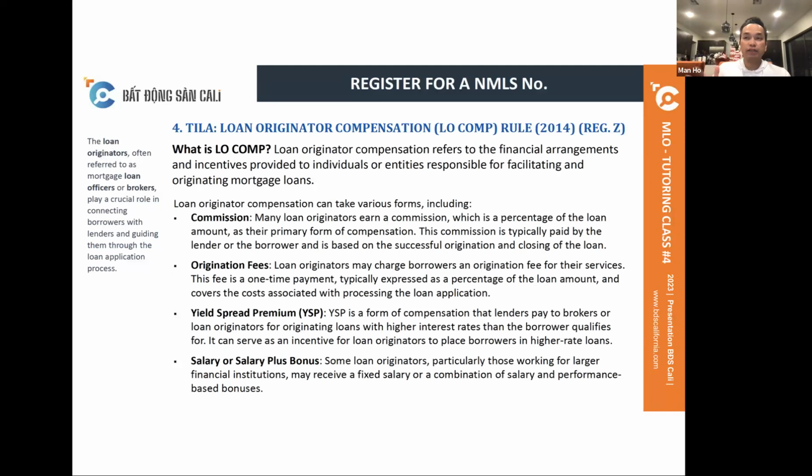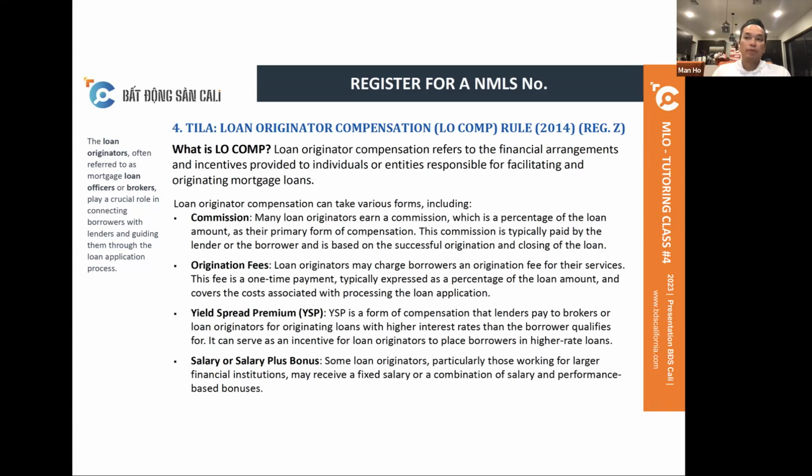It mentioned steering the client from getting a good loan to a higher cost loan, or a loan with a higher interest rate, right? That could be illegal, but there are certain programs that give the borrower flexibility.